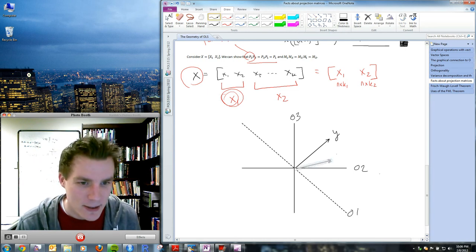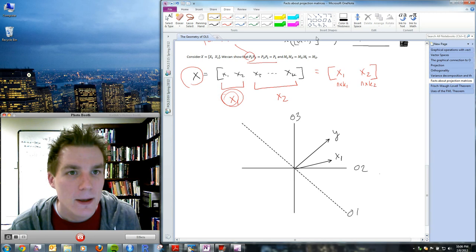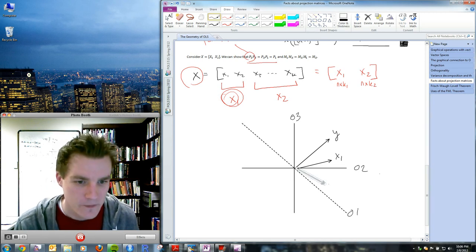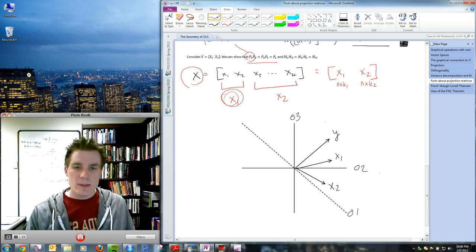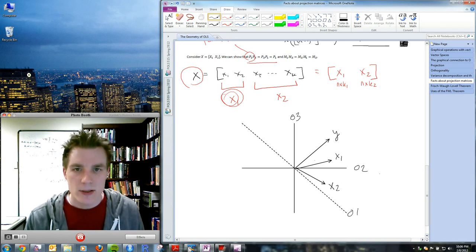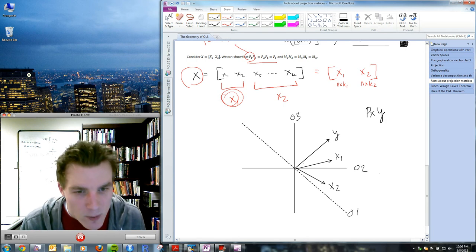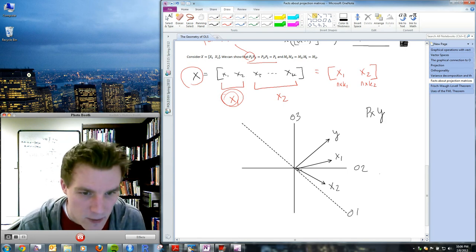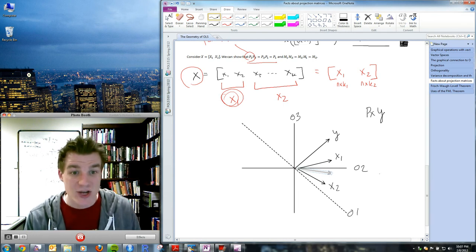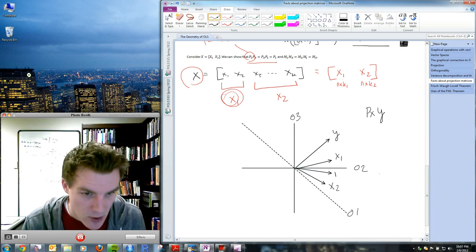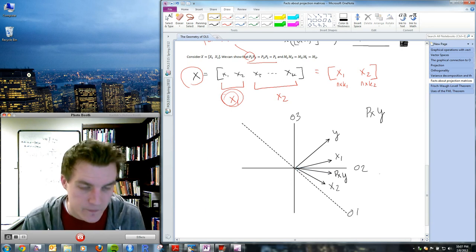This is X1, and this is X2. Okay, so if we take the projection of y onto X, in other words, first thing we're going to do is take Px y. What we're going to get is some vector down here that looks like this, something like that. The shadow cast by y onto the plane defined by X1, X2. So I'll call that Px y.